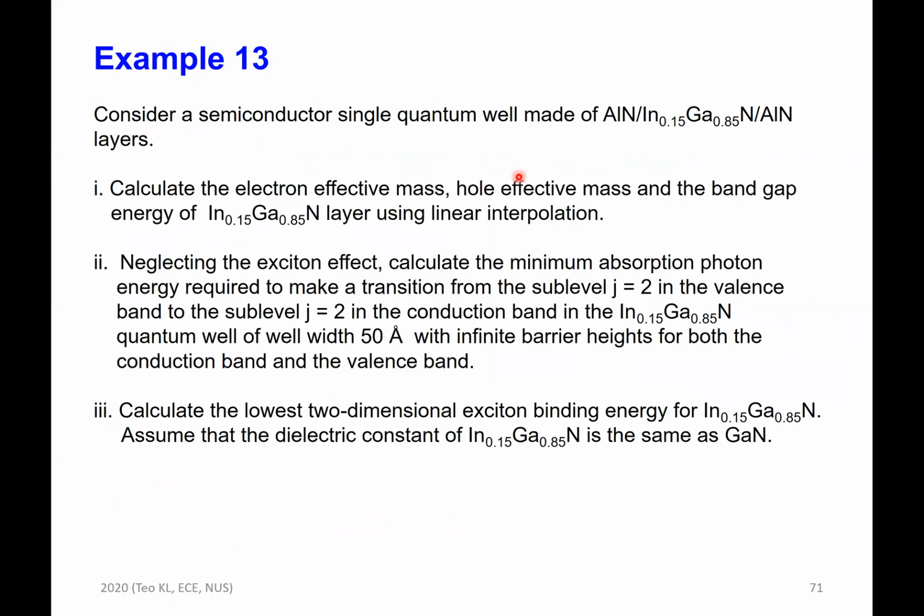I will leave this example to you. Talking about aluminum nitride as a barrier, indium gallium nitride as a well, you calculate the minimum absorption required to make a transition from j equals 2 to j equals 2 instead of j equals 1 to j equals 1, using infinite barrier height, or sometimes we call that the infinite well approximation.